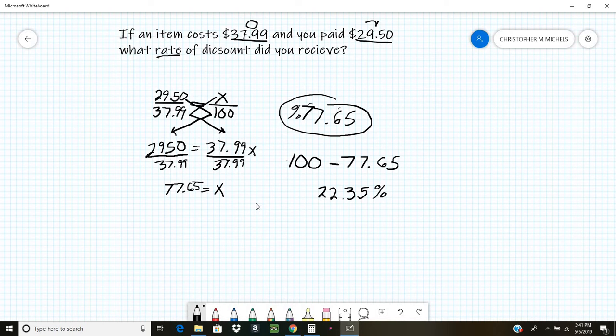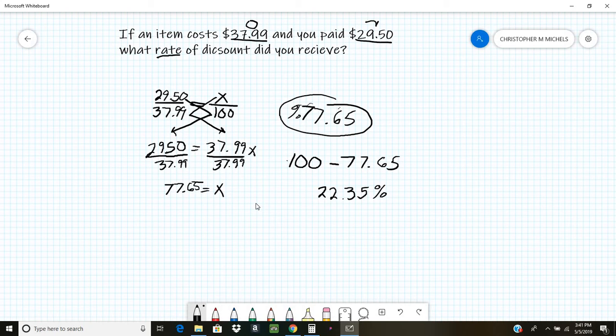Okay, so this is what I was ranting about earlier. Make sure you figure out what numbers you're finding and whether they fit the context of the problem. This right here does not fit the context of the problem because it's too much.